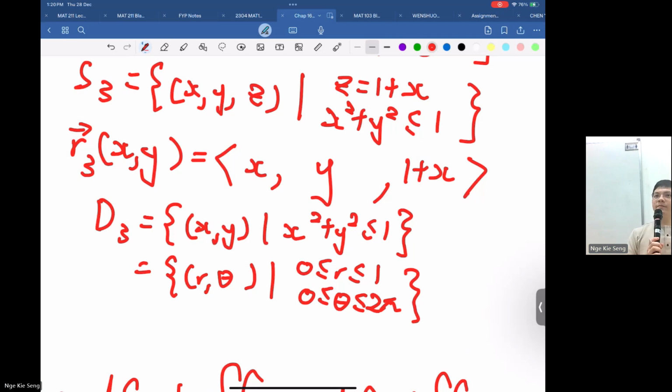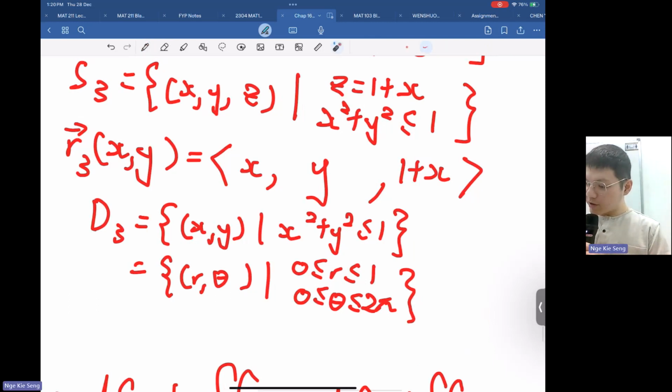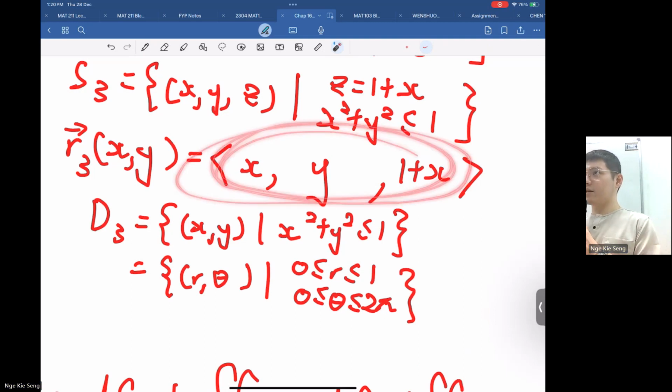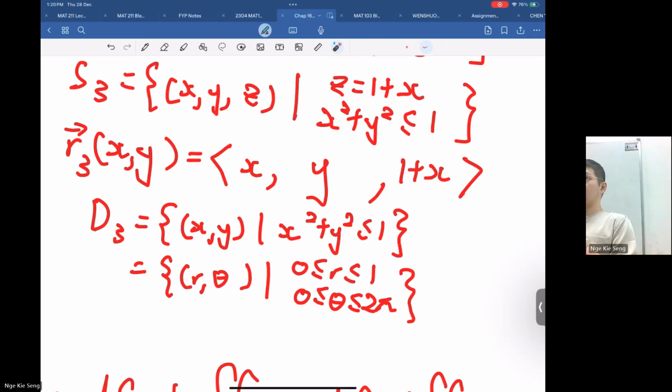Does it make sense? So in your parametric surface, make sure your parametric equation has 2 variables, otherwise you cannot draw a surface. You need to have two linearly independent variables.